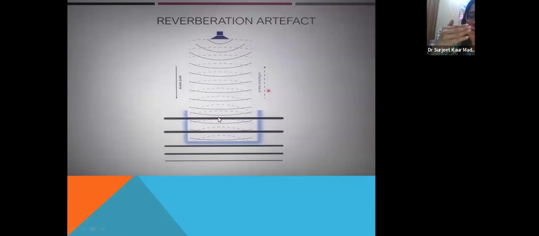And when it moves, it forms some artifacts which are parallel to the pleural line. These are lines which are equidistant from the pleural line and they are parallel. These lines are called A lines. These are formed due to the reverberation of the pleural line.